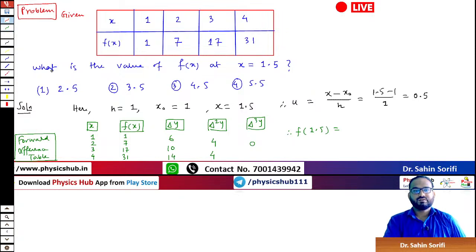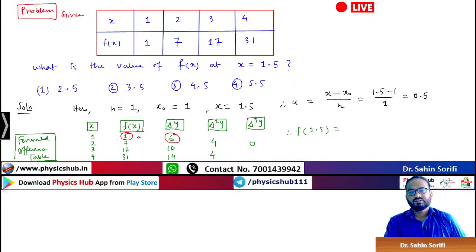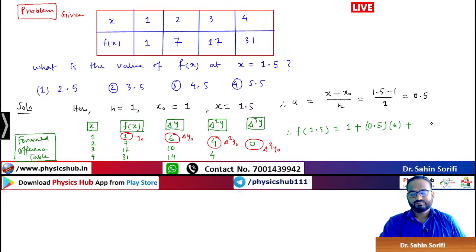You see these values are utilized: this is your y0, this is your delta y0, this is your delta square y0, delta cube y0. f of 1.5 is y0, which is 1, plus u into delta y0, u is 0.5 times delta y0 which is 6, plus u into u minus 1 by 2 factorial times delta square y0, which is 4, and the other terms will be 0 because delta cube y0 equals 0.